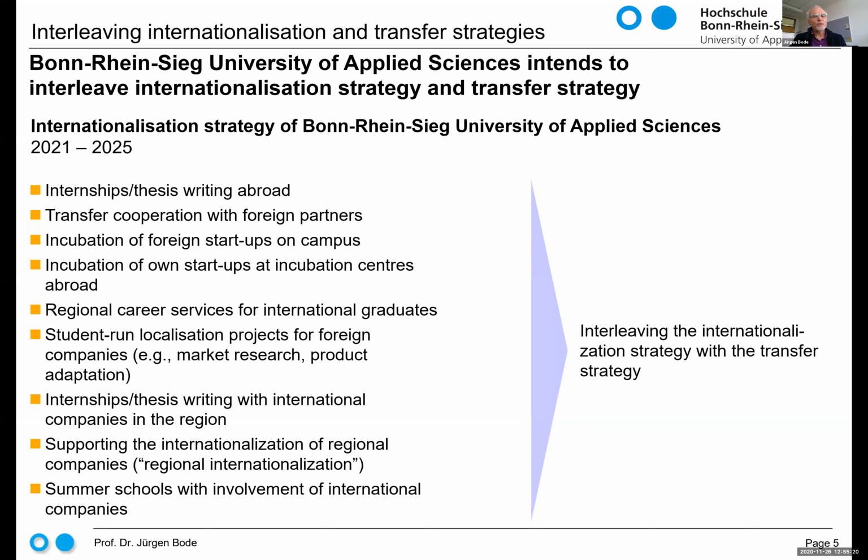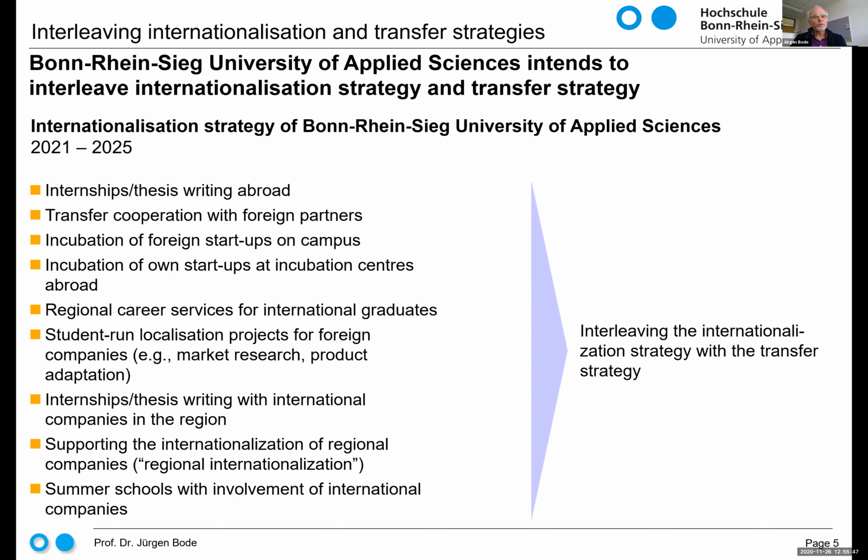We want to run localization projects for foreign companies. For instance, for a company that is considering entering the German market, we can have students in a practice-oriented project seminar do market research for this company, or adapt the foreign products such that they fulfill the demand in the German market.